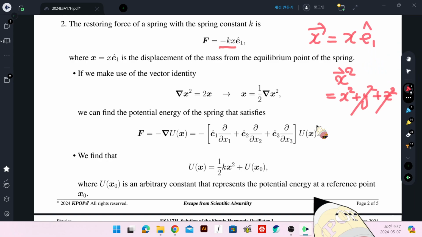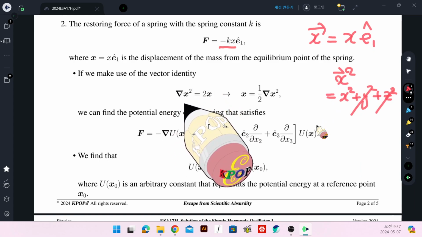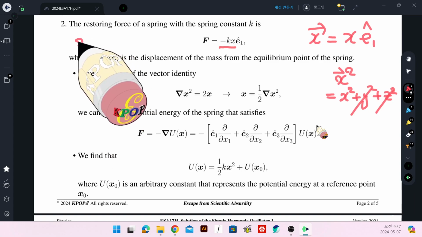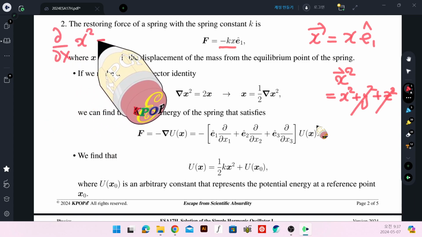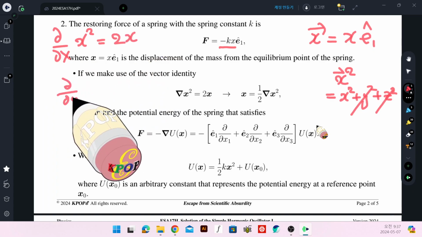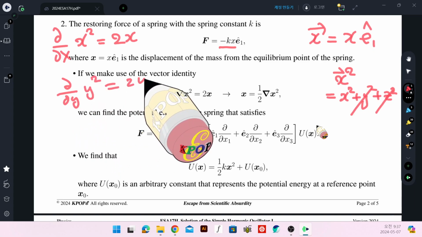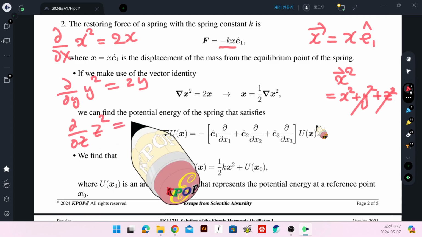Anyway, we can take the gradient operator to x squared. The partial derivative with respect to x of x squared is 2x. The partial derivative with respect to y of y squared is 2y. The partial derivative with respect to z of z squared is 2z.